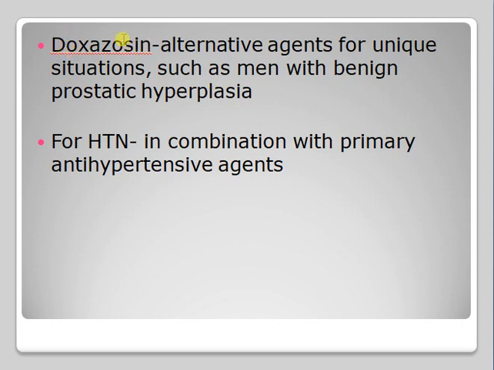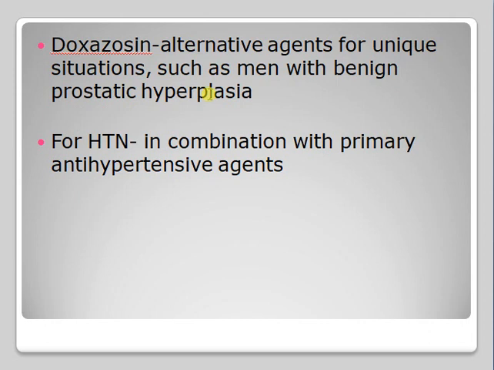Now, examples of the drugs are those ending with zosin, that is prazosin, doxazosin, terazosin, etc. The drug doxazosin is a unique one which can be used for the treatment of benign prostatic hyperplasia.